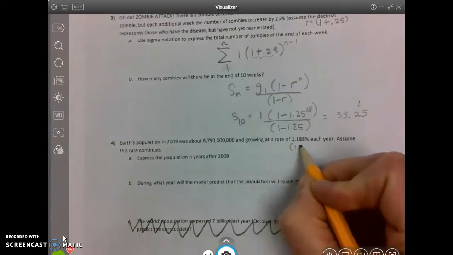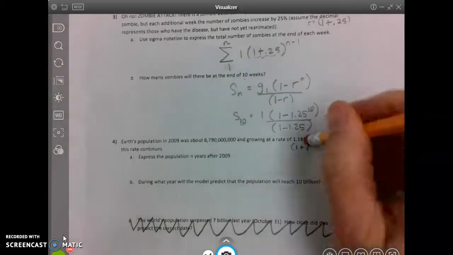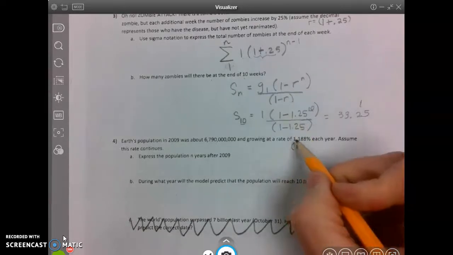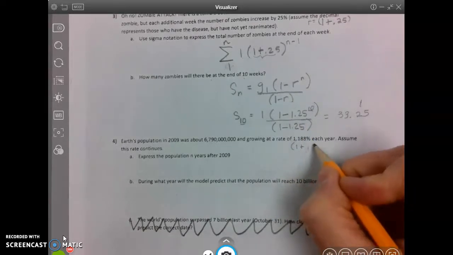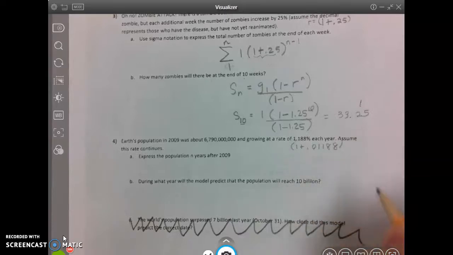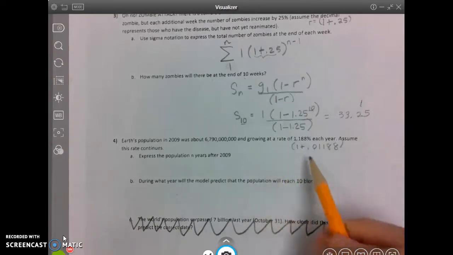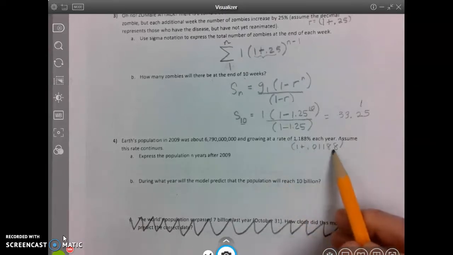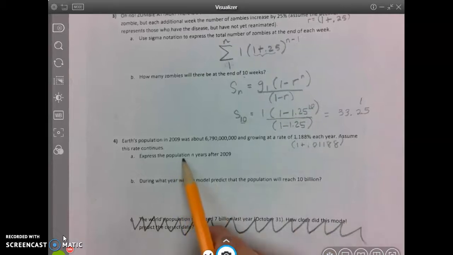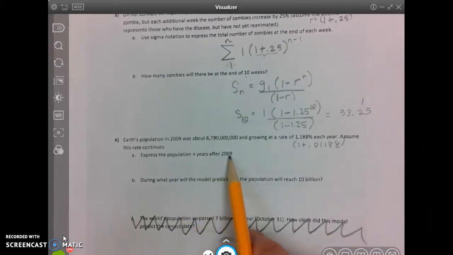So that would be 1 plus, because it's growing at that rate, 1 plus, I'll move that over 2 places, 0.01188. That would be my constant ratio, because I have the starting amount plus I'm growing at this rate, so I'm adding that. I express the population n years after 2009.